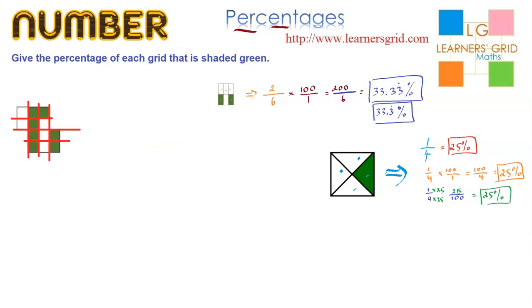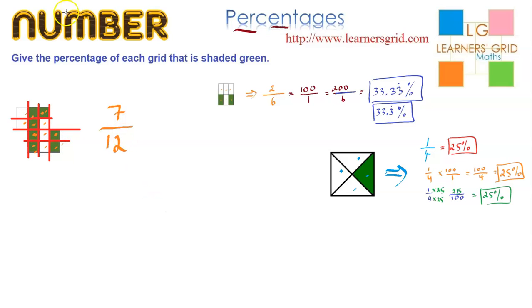So, what is the total number of regions that I've got in this particular shape? So let's count them up. I've got 1, 2, 3, 4, 5, 6. So there should be 6 in the other one. 1, 2, 3, 4, 5. Okay, so it is. So it is a denominator of 12. How many are green? So 1, 2, 3, 4, 5, 6, 7. So it's 7 over 12.